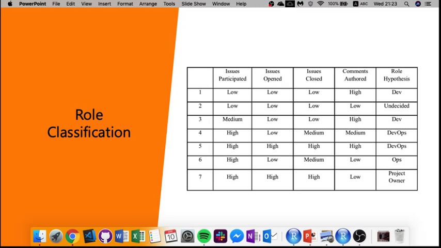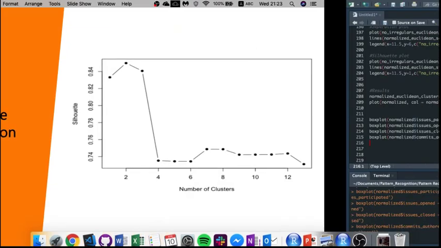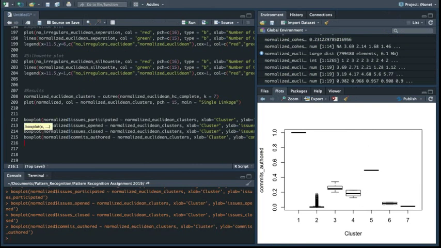So what we could do is just cluster again, implement hierarchical clustering again, deeper now, using only the data from cluster 2. Let's see how we did it. We called it a deep role classification part of the project.